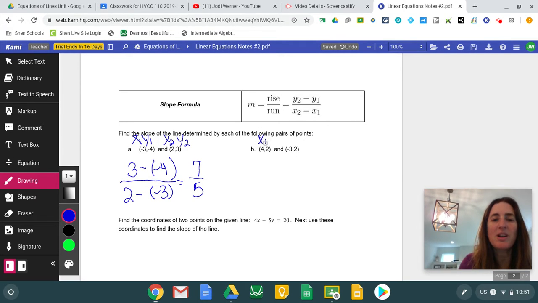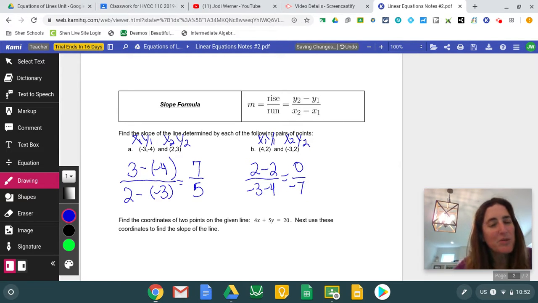Okay. x1, y1, x2, y2. So 2 minus 2, -3 minus 4. Oh, shoot. There's a 0 on the top. Well, guess what, folks? 0 divided by -7 is 0. So the slope of this line is 0.